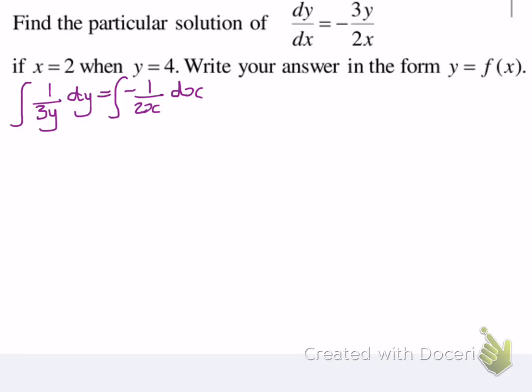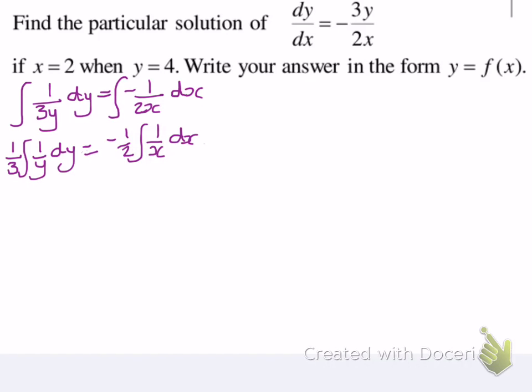So bringing out my third, I can now write the left hand side as 1/3 times the integral of 1 over y with respect to y is equal to minus a half integral 1 over x with respect to x.